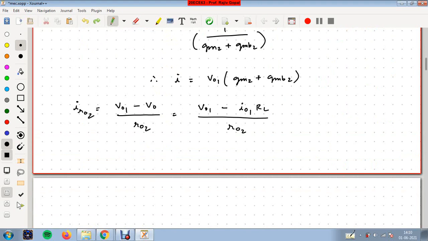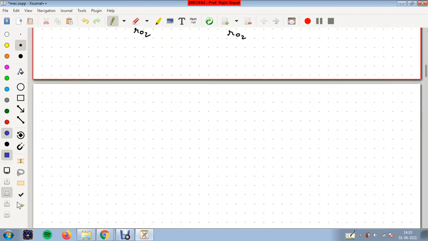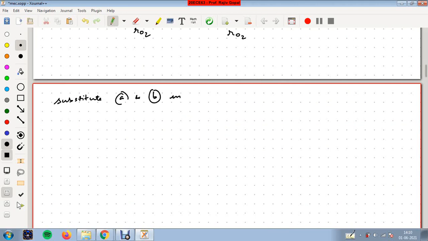Now, these two equations, this equation I will call A, and this one I will call B. Substitute A and B in the I01 equation.